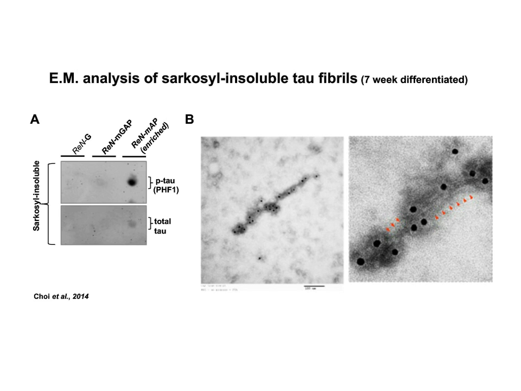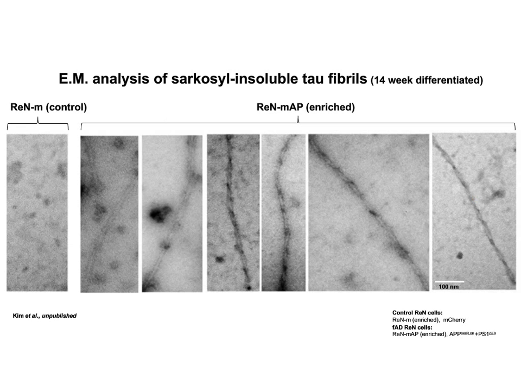But after we published this data, we received several criticisms that this doesn't really look like the helical twisted PHF tau filaments. So what we thought is maybe it's because we just used 7 weeks. Maybe with longer differentiation, we get more robust tau pathology, and then we have more robust tau filament structures. And indeed, that's the case. As you can see here, this filament is not just a straight line, you can see those twists on each side.